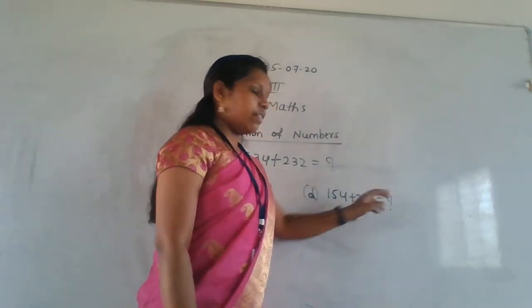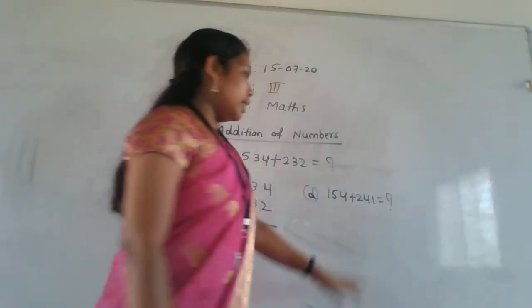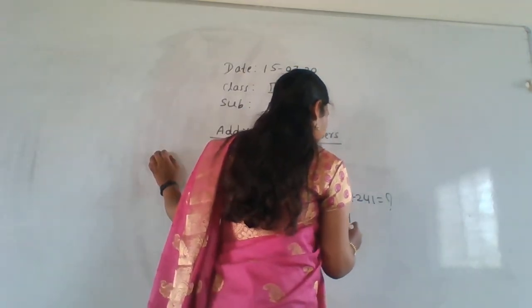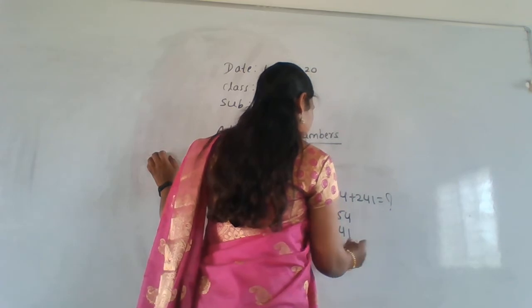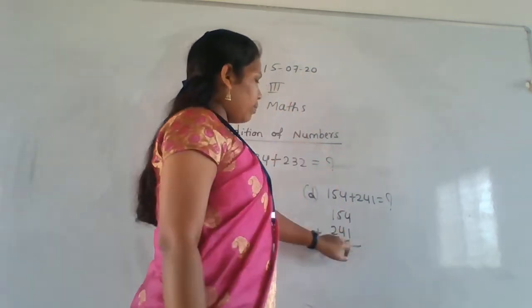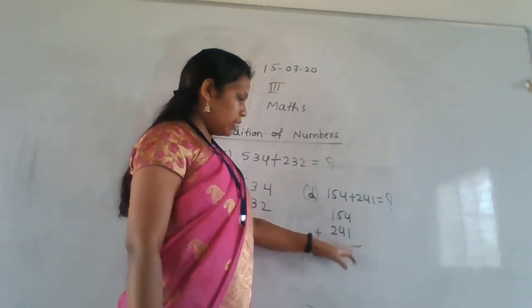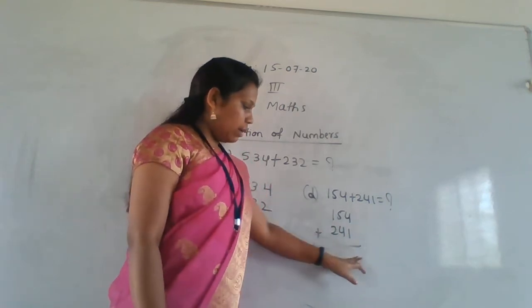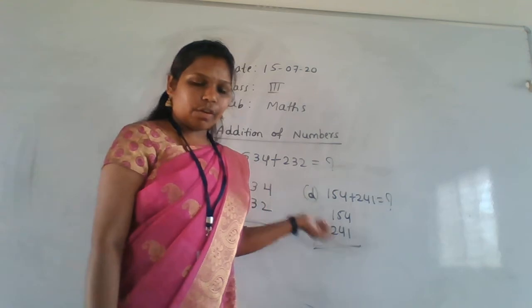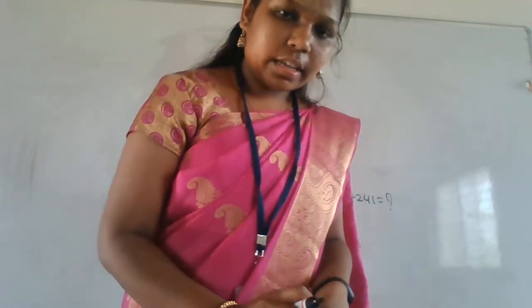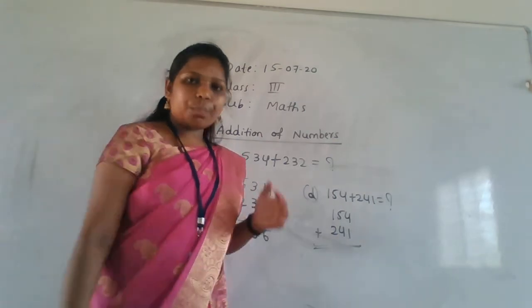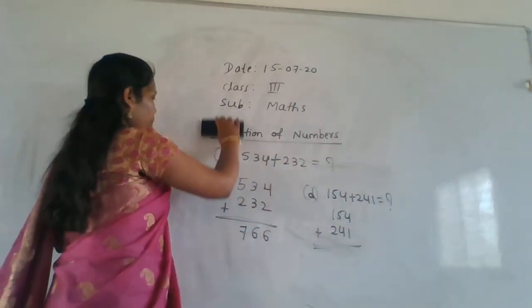You have to add the numbers, 154 and 241. 4 plus 1 is 5, 5 plus 4 is 9, and 1 plus 2 is 3. You have to write it below here. That is the answer for that problem. Did everyone understand the addition problems? I hope you all understood.